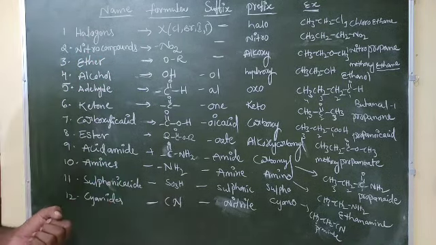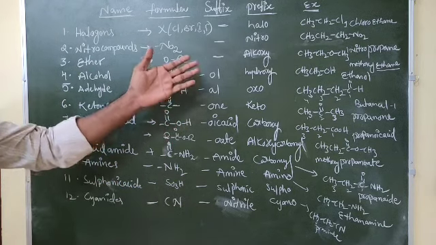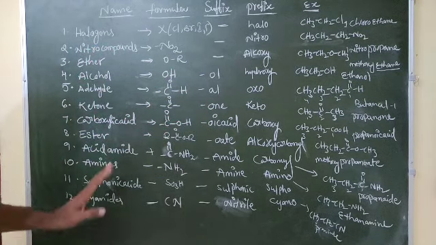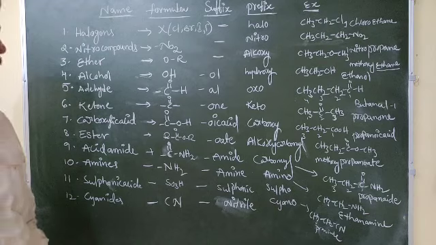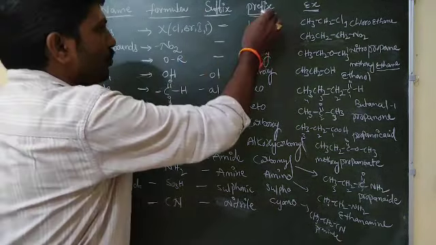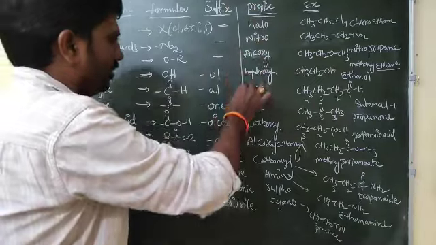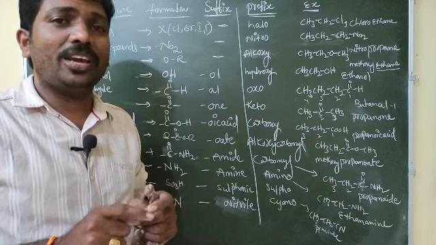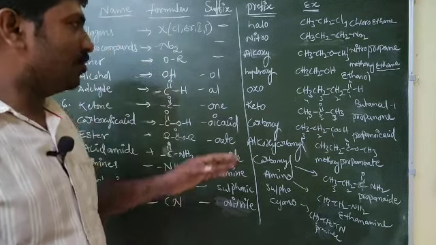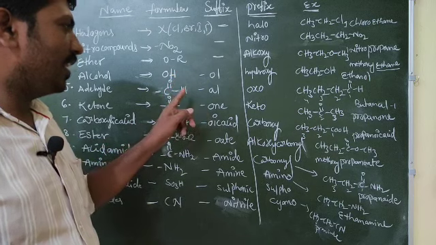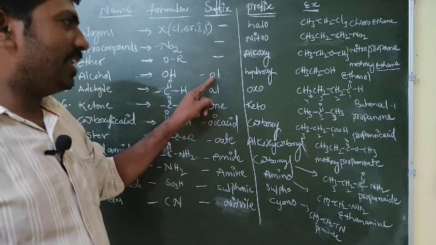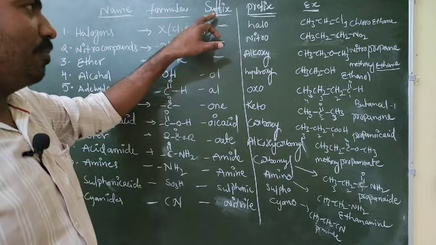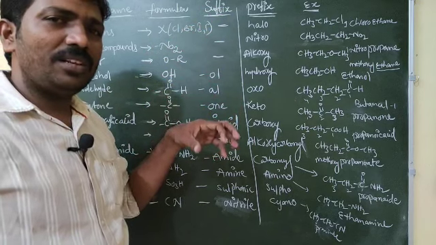If you want to take a screenshot: examples, prefix, suffix, formula, name, up to 12 functional groups are there. Why are there both prefix and suffix? If one organic compound has 2 functional groups, for example OH and aldehyde both, we do not write both OL and AL. The suffix is based on preference: we take the principal functional group.